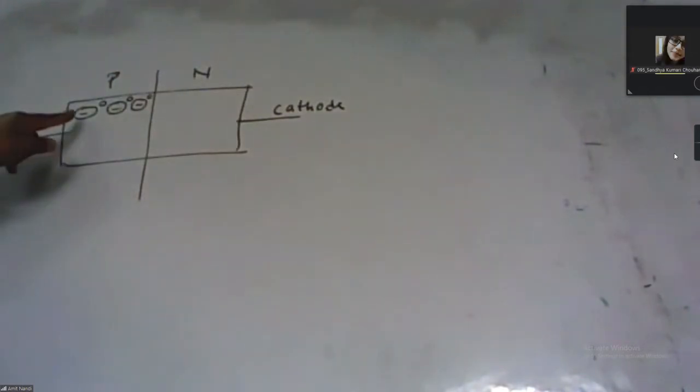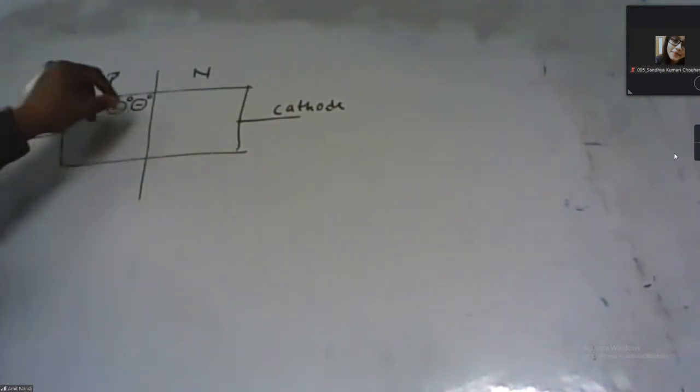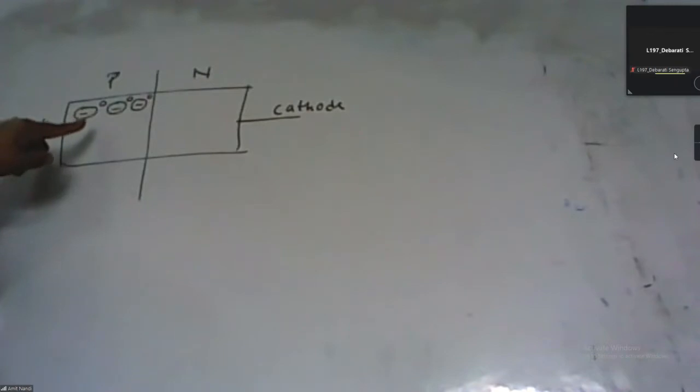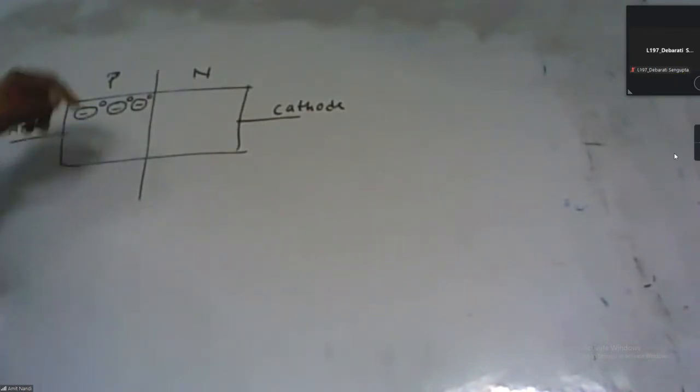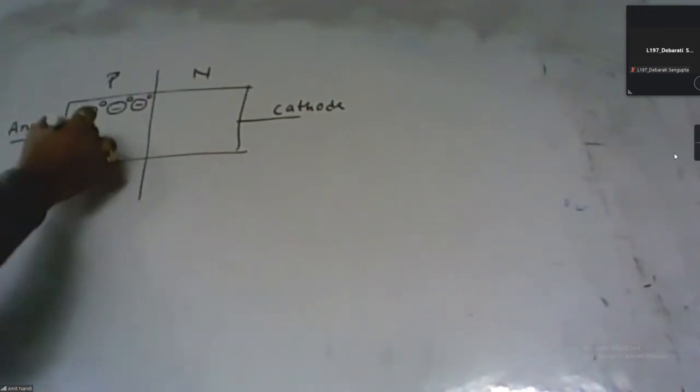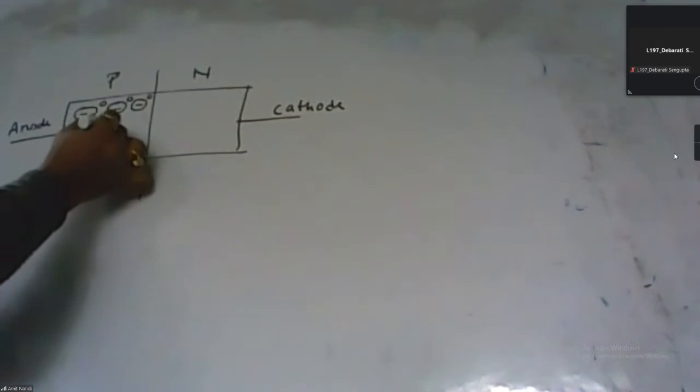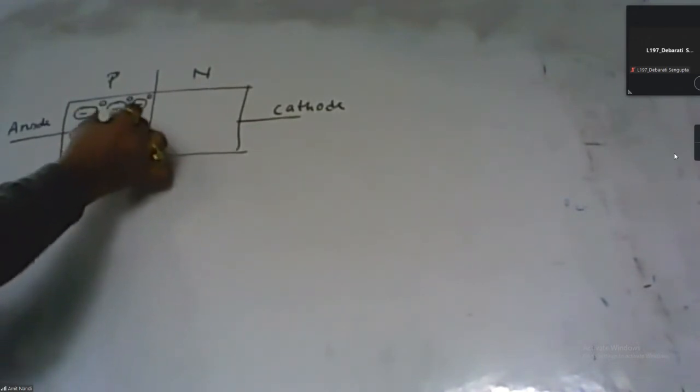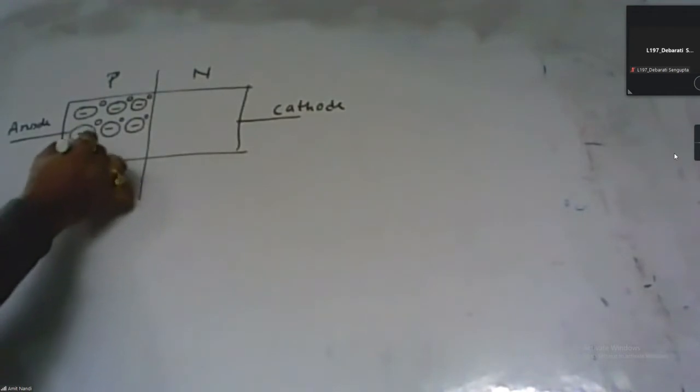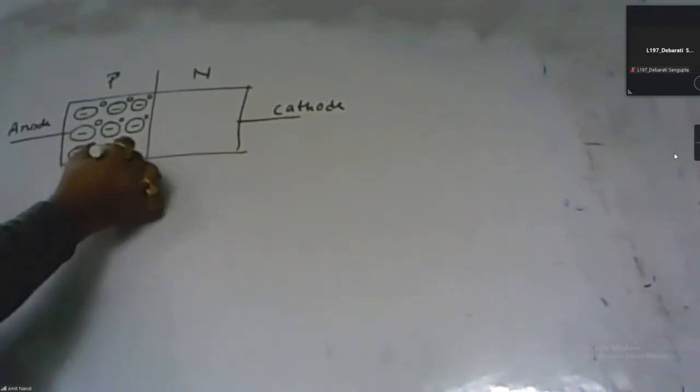This type of ion is called an acceptor ion, because it accepts one electron from the neighboring parent atom, that is, from silicon or germanium. So it behaves like a negatively charged ion, and the vacancy created is represented by this hole. So p-type semiconductor can be represented by a negatively charged ion and a free hole.